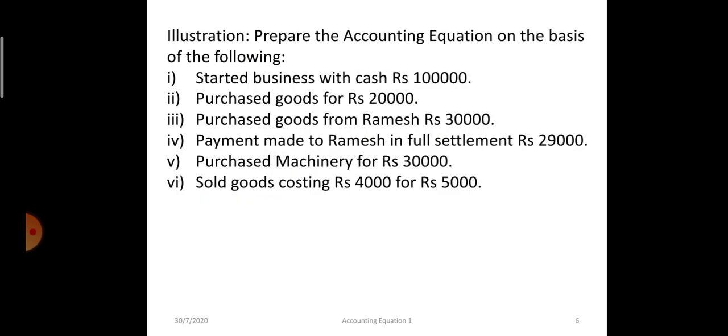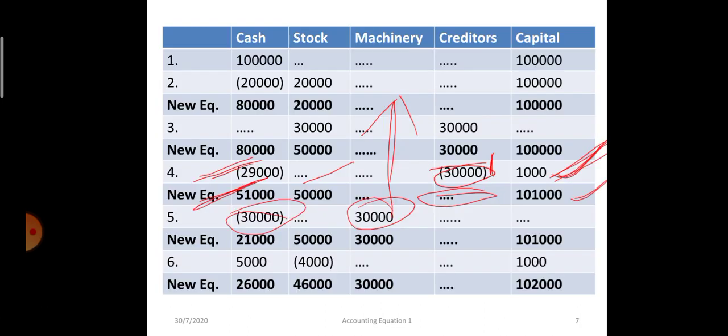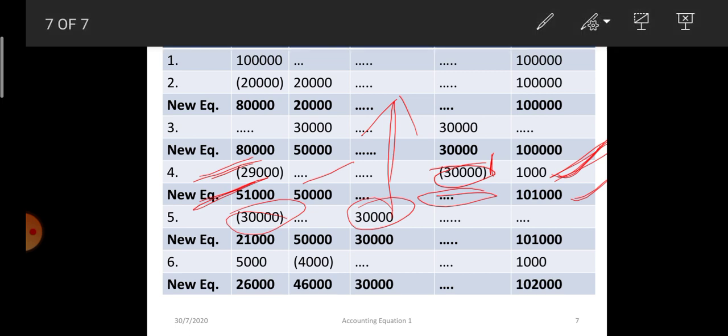Now read the last transaction. Sold goods costing rupees 4,000 for rupees 5,000. So see the equation, sixth one. From stock we will deduct 4,000 rupees, and it is a cash sale, so 5,000 will be added to the cash account. So 21 plus 5 is 26,000 rupees, and 50 minus 4 is 46,000.